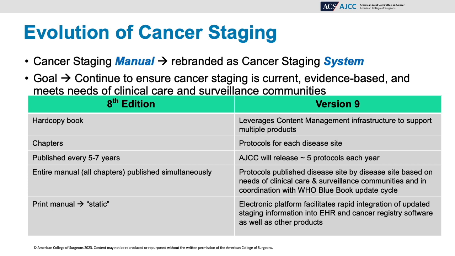The goal is to make sure that for every disease, cancer staging is current, evidence-based, and meets the needs of clinical care and the surveillance community. It's not true or accurate that every cancer changes at the same pace. And so rather than waiting to do an entire new 9th edition as one volume, this is going to be published as the science dictates.